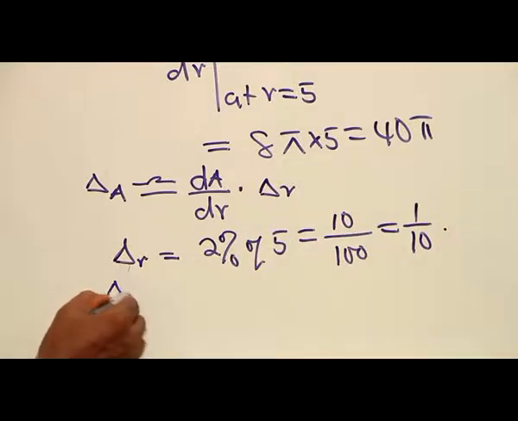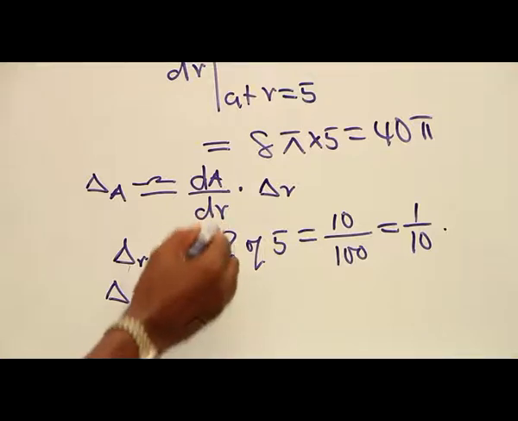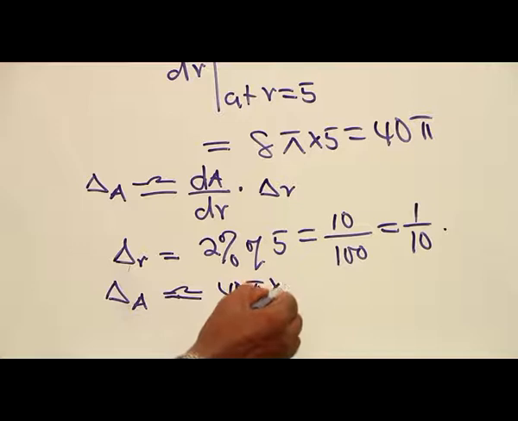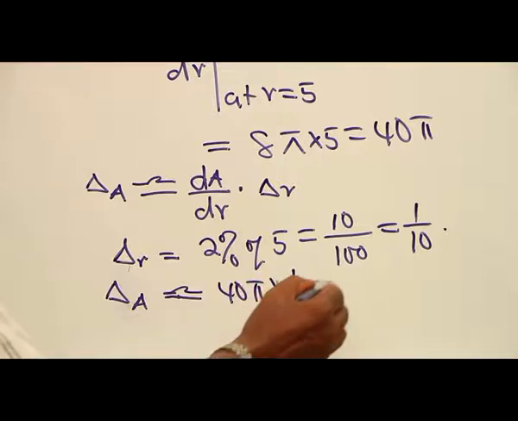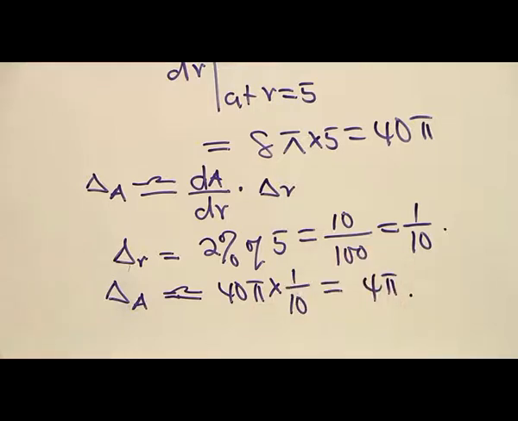So our delta A, the increase or decrease, will now be approximately equal to your 40 pi times your 1 over 10, and that will give you 4 pi.